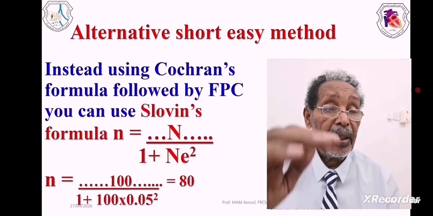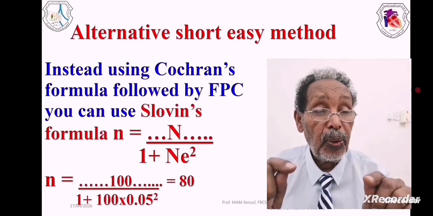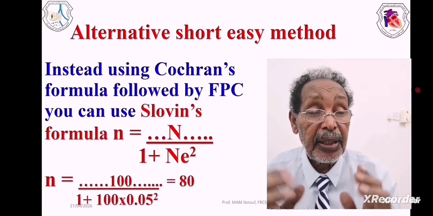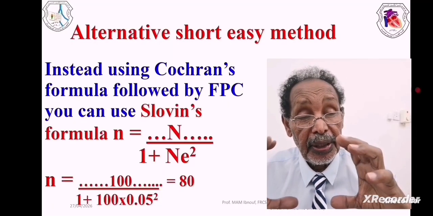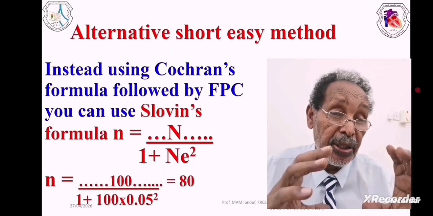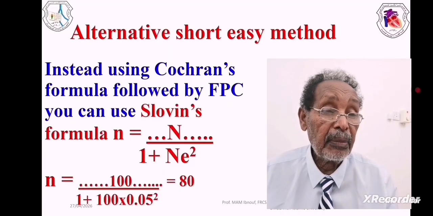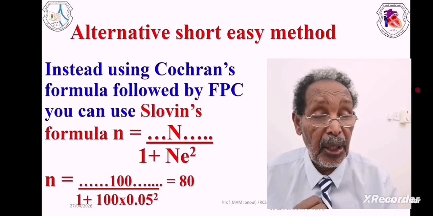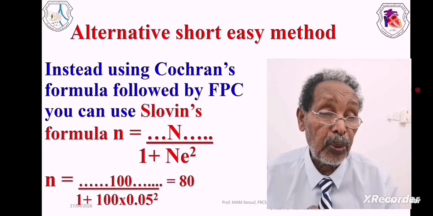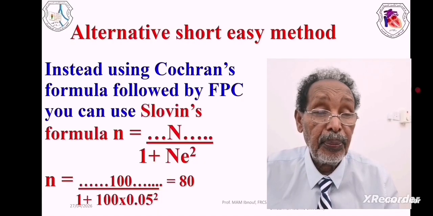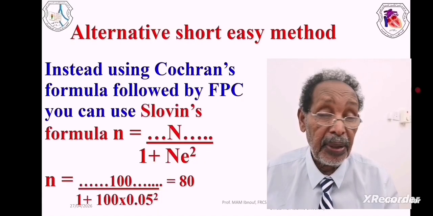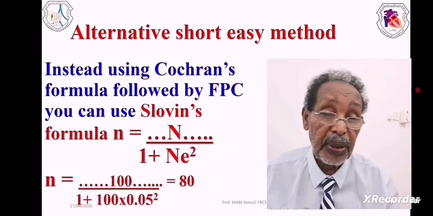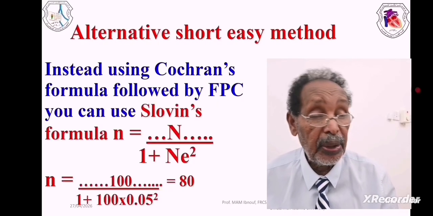Yet, you should know the total population of the disease you are studying. And you get that number either from the medical records, you go and ask them and find from the logbook of the medical records how many cases they have admitted in the hospital in 6 months' time or in 1 year time.